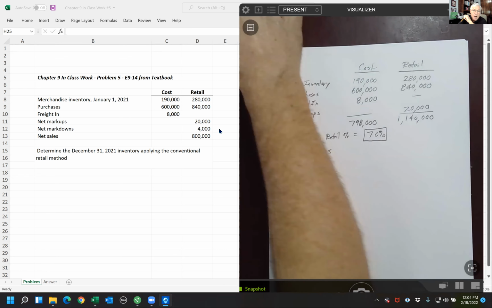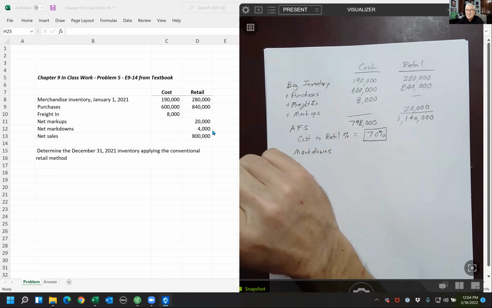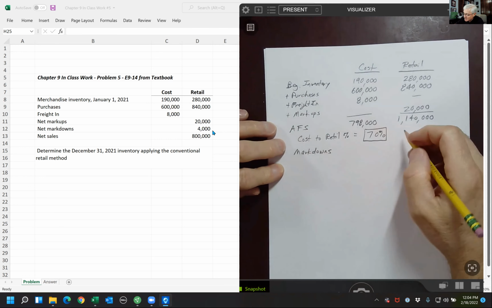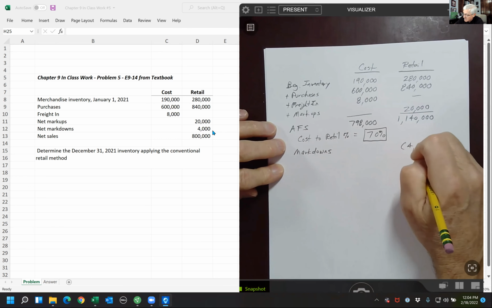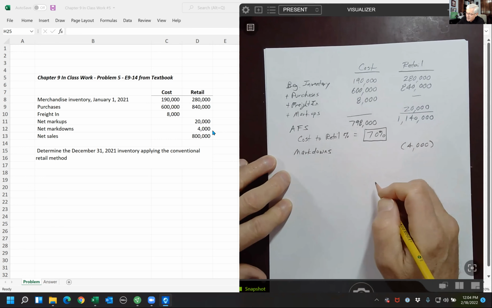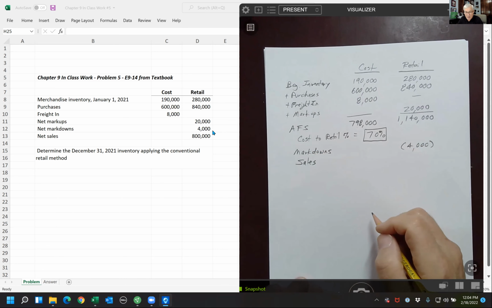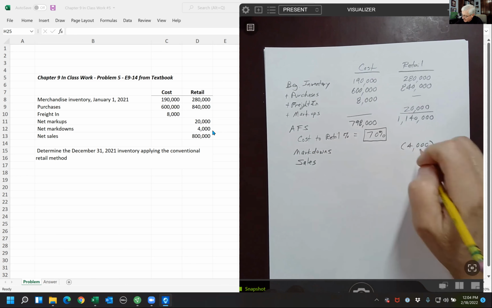Now notice how the problem works out. They don't tell you that that's a minus. You've got to know that. Markup, up; markdown, down. So that's going to be a subtraction of 4,000. And we sold stuff, and we sold, let's see, 800,000.